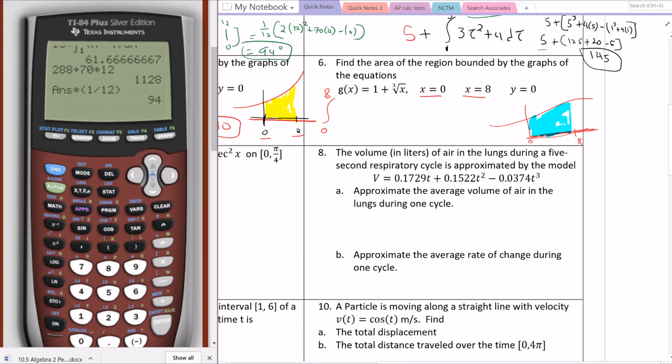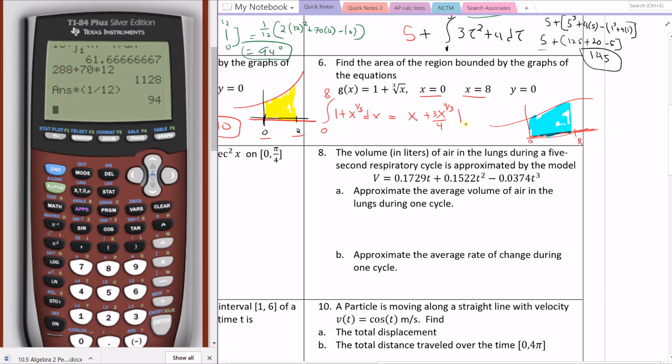So we're setting up the integral from 0 to 8 of 1 plus, I'm going to go ahead and write this like this just to save myself some time, the cube root of x, which is the same as x to the 1/3. We integrate, we anti-differentiate, which is the 1 goes to x. x to the 1/3 goes to x to the 4/3 divided by 4/3, which ends up being multiplying by 3/4.